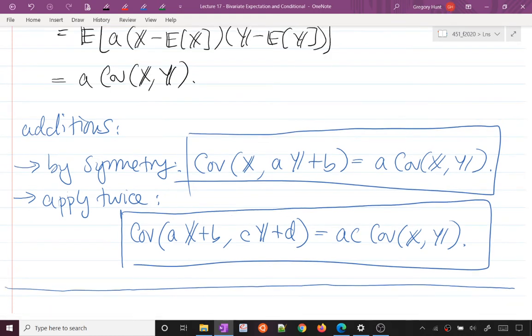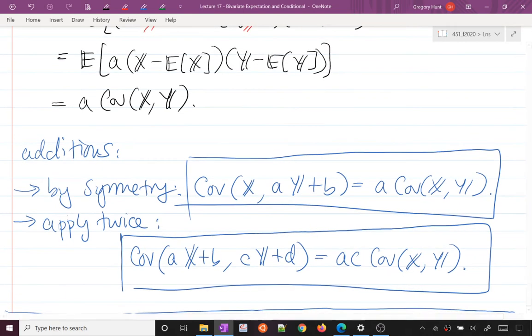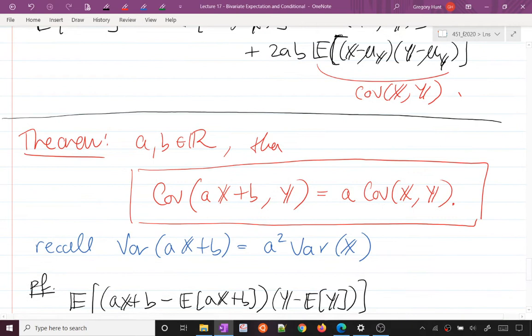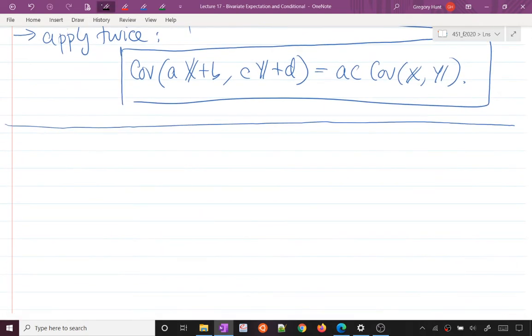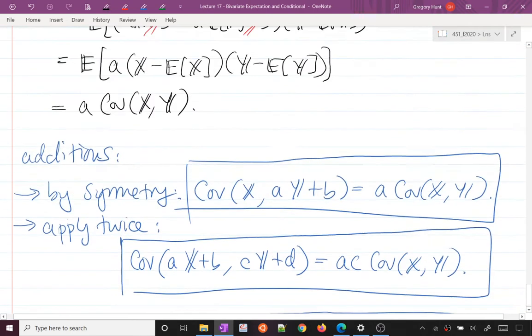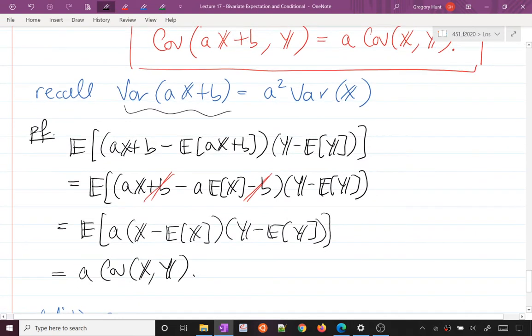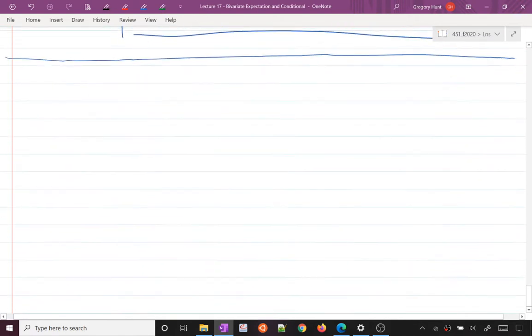All right, so we can also derive a similar theorem. Here we had a theorem about covariance. The full theorem is that if I linearly transform my random variables, I just pull out the multiplicative constant. That was an analogy to what happens in the univariate case of the variance.